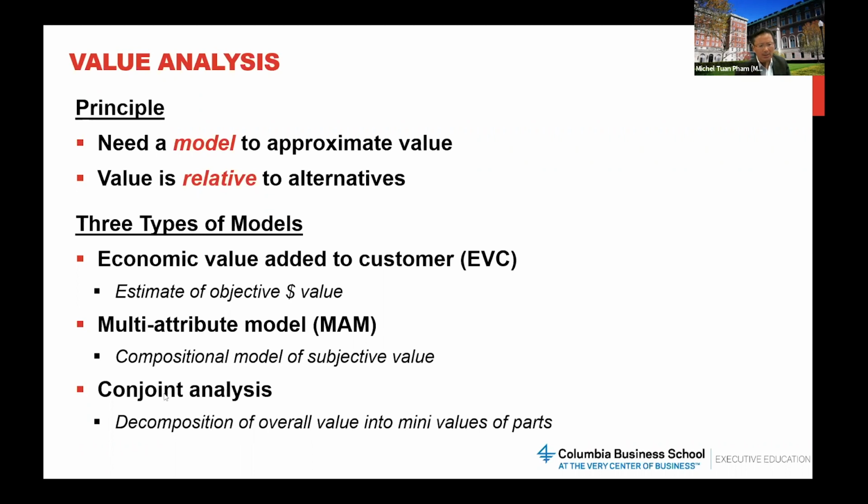There's another tool known as conjoint analysis, which essentially does the flip side of the multi-attribute model. Instead of trying to come up with the valuation of the different elements that the customers might have, I'm going to ask the customers for an overall evaluation judgment of many, many configurations of the products.